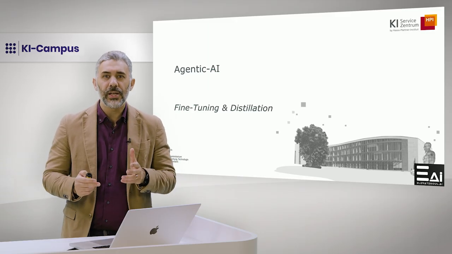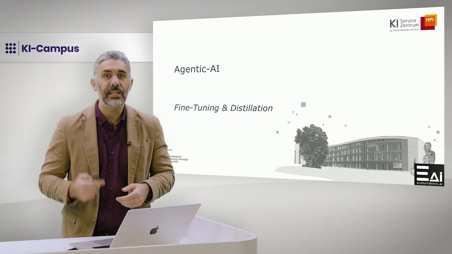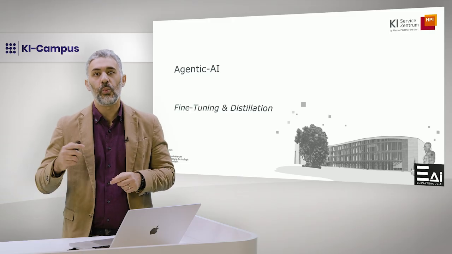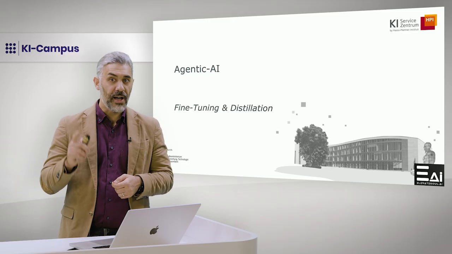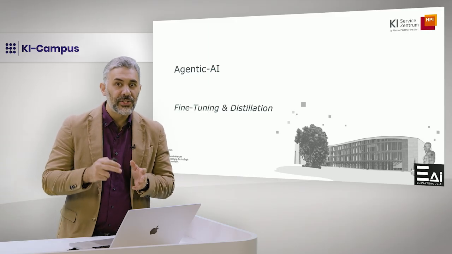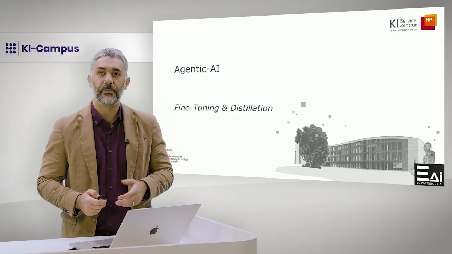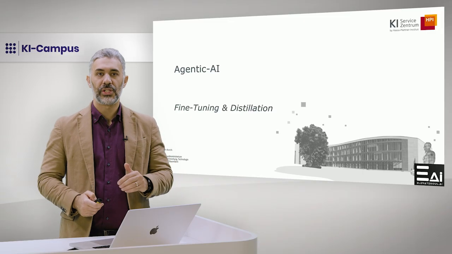For these situations, there are two important concepts worth briefly introducing in this video, helping us complete the picture of what is possible when designing agentic systems: fine-tuning and distillation. Fine-tuning allows a general-purpose model to learn from domain-specific examples, making it more aligned with a particular workflow style or policy.